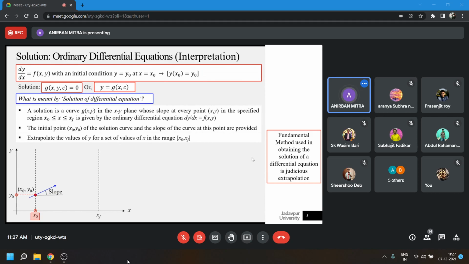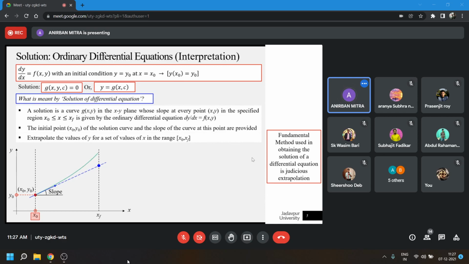I do not have any idea what the next point is, but I know the initial position of that solution and the slope. So what I can do is simply extrapolate it like this, extend the slope towards the final position xf, where it will intersect with its vertical line drawn through xf at a given point.